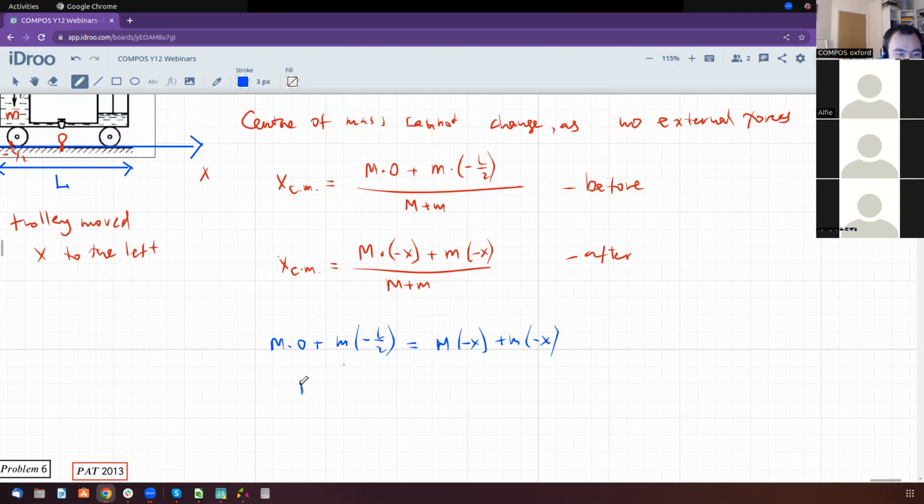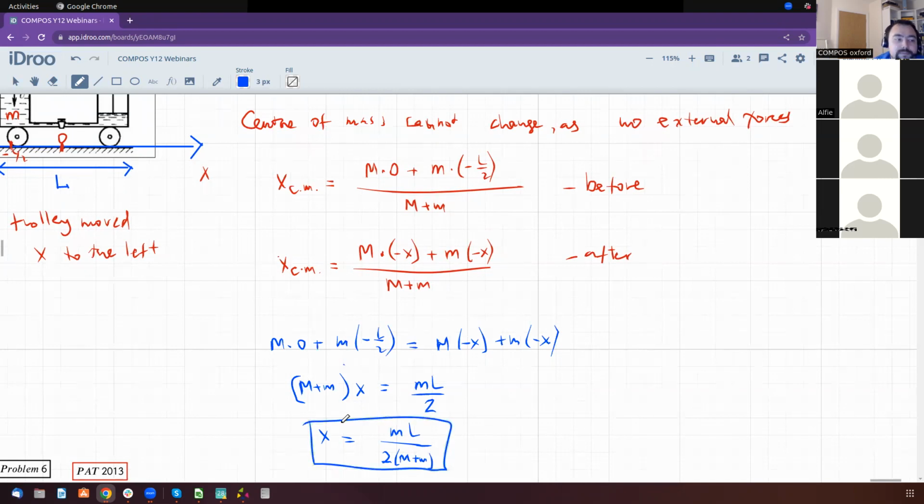So we have (M plus m) x is equal to mL over 2. So x is equal to mL over 2(M plus m). Okay, that's about it for that question.